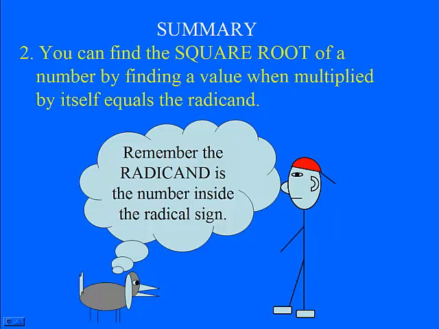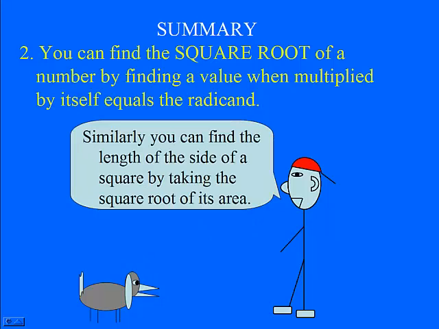Remember that radicand is the number inside the radical sign. Also, as Mayhem suggests, you can find the length of the side of a square by taking the square root of its area.